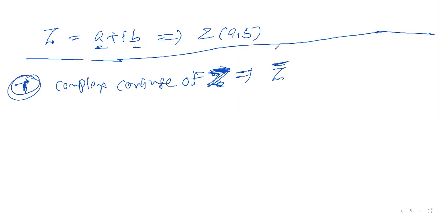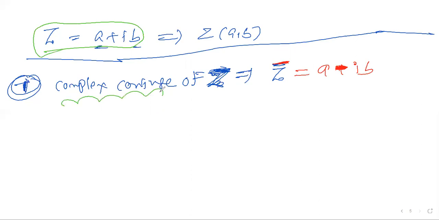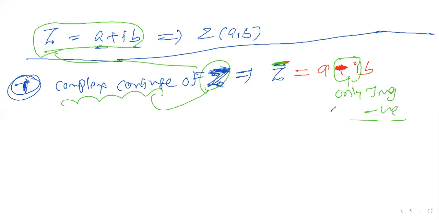Z is equal to A plus iB, so the complex conjugate Z bar is A minus iB. Only the imaginary part is going to be negative.